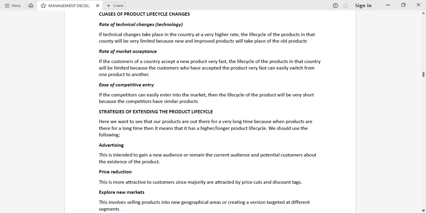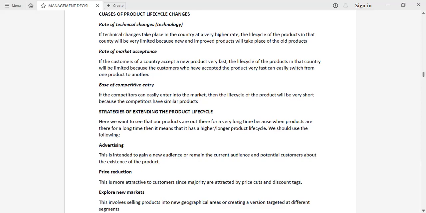So the product is going to be there for long. That's why we see Microsoft has been dominating, because the software space has been restricted to some extent.